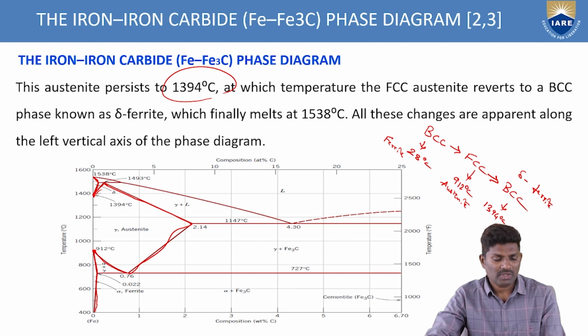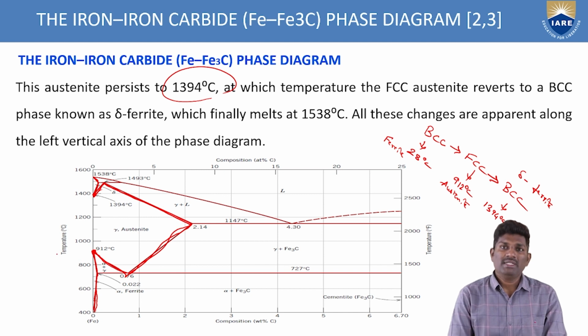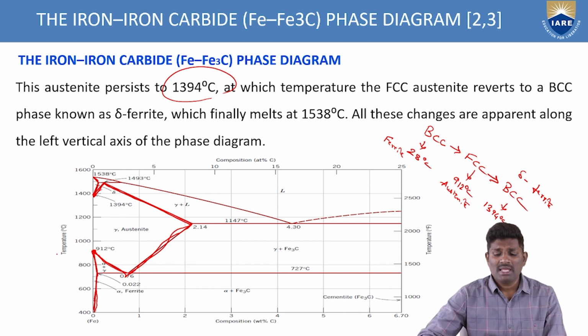So what are you seeing in the red line? This is the transformation of the pure iron from room temperature to the austenite temperature. All these changes are apparent along the vertical axis of the phase diagram. All these things we are showing in the phase diagram on the vertical axis with respect to temperature, how it is converting.